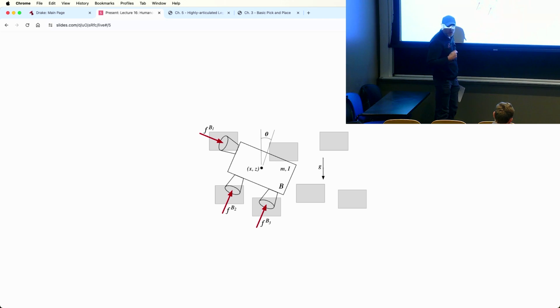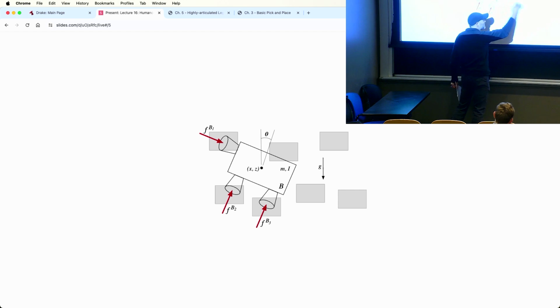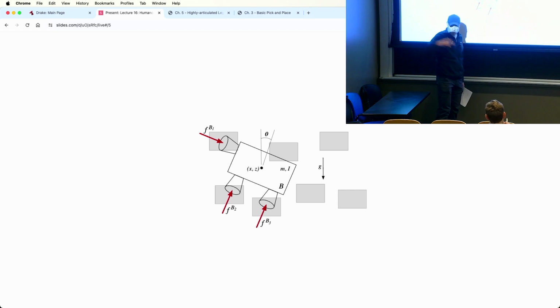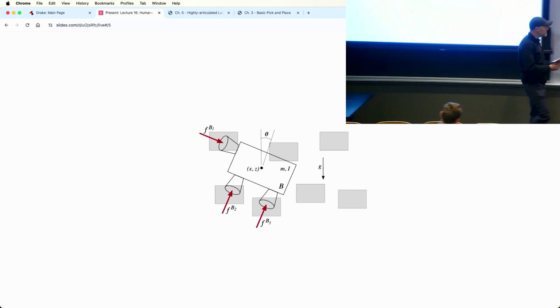But if I'm going to do trajectory optimization on this, I suddenly have to do more planning. I have to think about getting to places. You can imagine I have to get to places where I can apply force in order to get farther in the game. That's an interesting thought experiment.